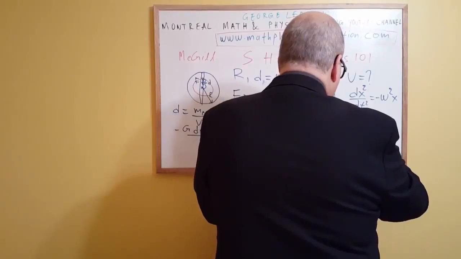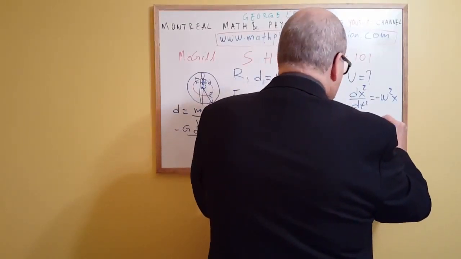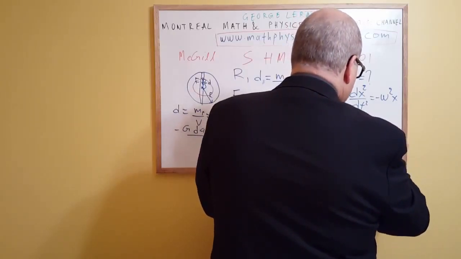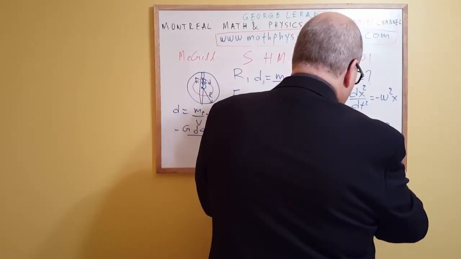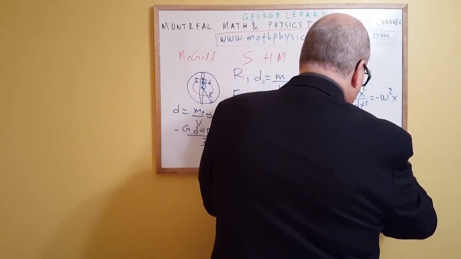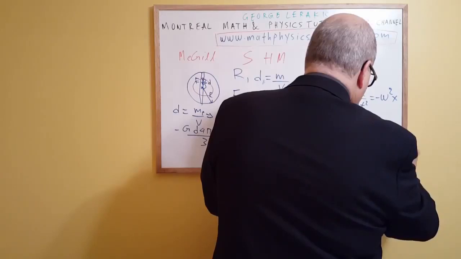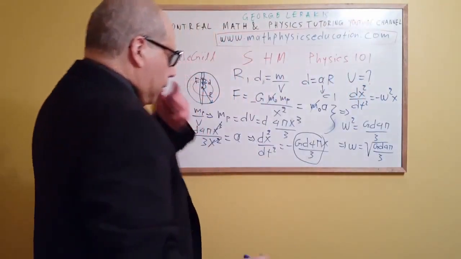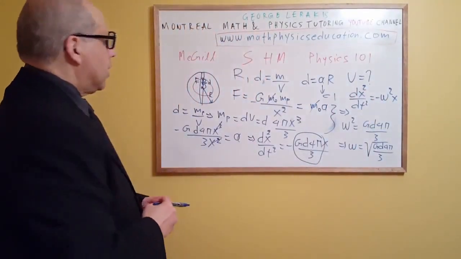So omega squared is equal to g d 4 pi over 3. So omega is equal to the square root of g d 4 pi over 3. And of course omega is the angular velocity.